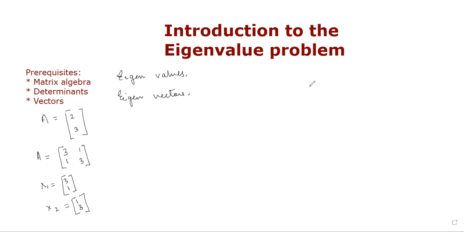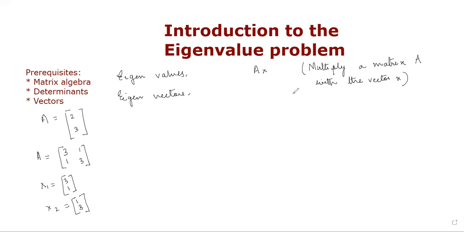So now, let A be a matrix and x a vector. This means we multiply matrix A with the vector x.